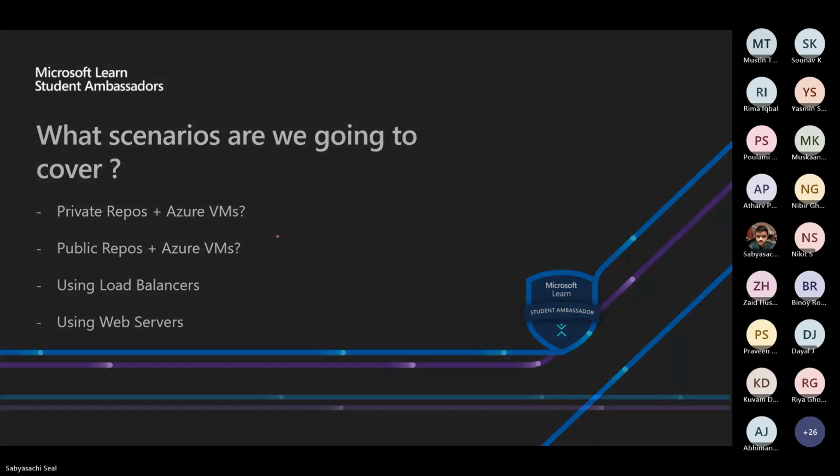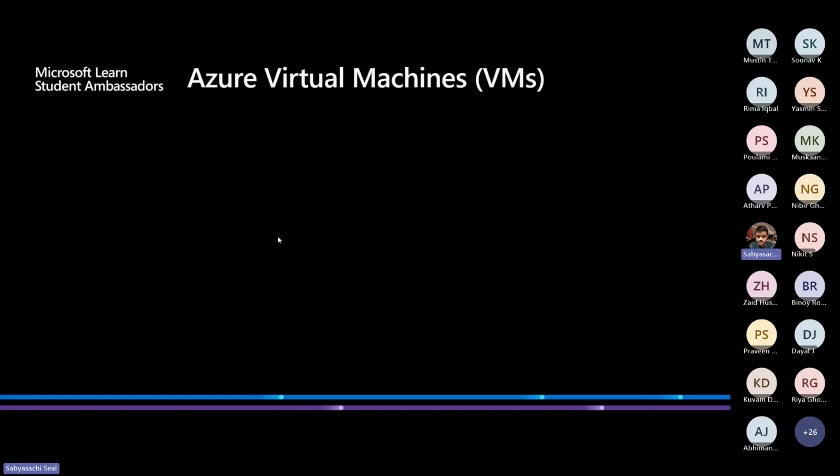Well, let's get started. So starting off with the basics, what are Azure virtual machines? Well, what does it sound like? Virtual and the word machine together. Azure is the cloud platform provided by Microsoft. What is a virtual machine? Machine is literally something that does computations. What does a virtual machine mean?